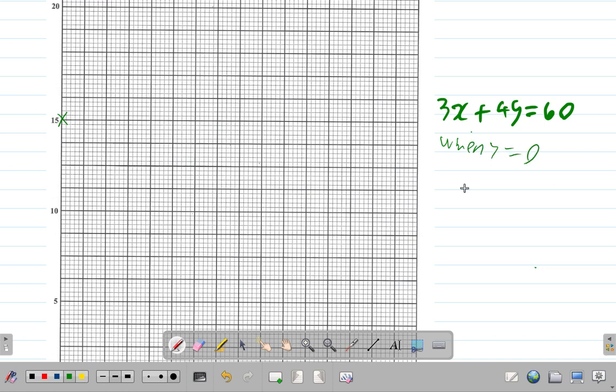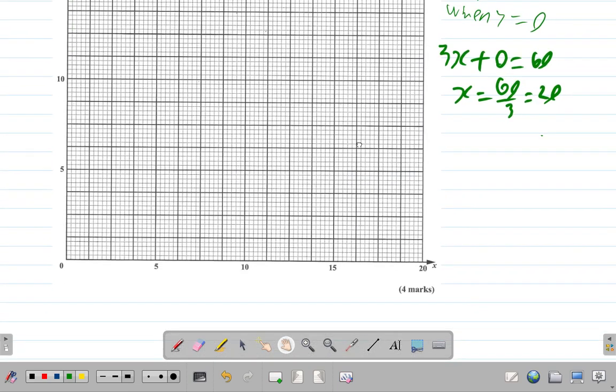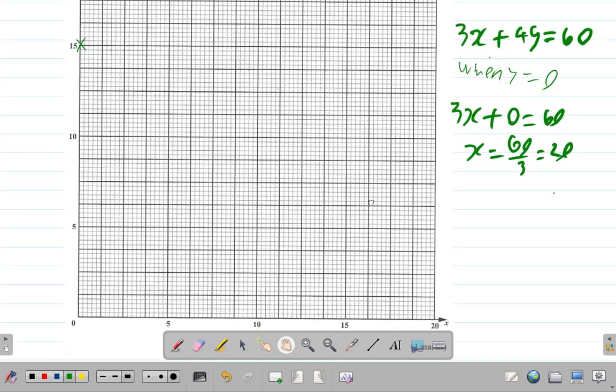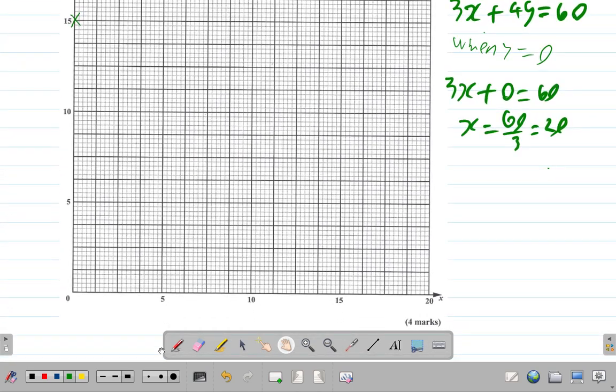You have 3x plus 4 times 0, that is 0, equals 60. So 3x equals 60, x equals 60 over 3, that's 20. When y is 0, x is 20. So we plot this point. Good.